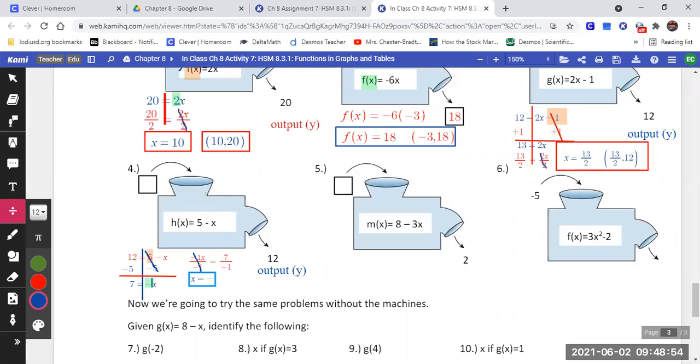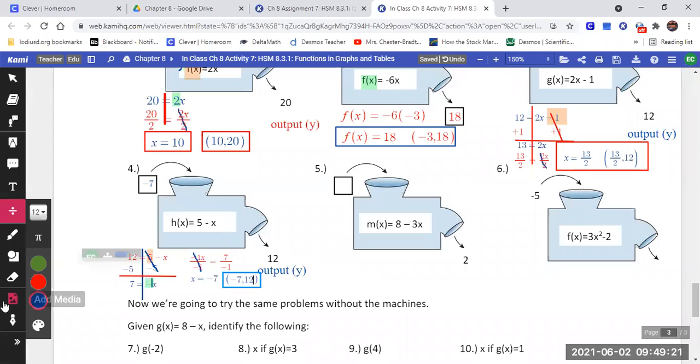X equals negative 7. So what would my coordinate pair be? Yep, negative 7, 12.